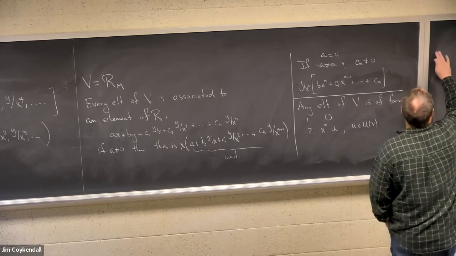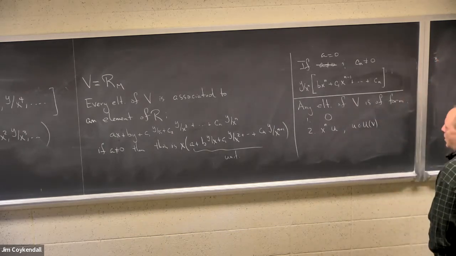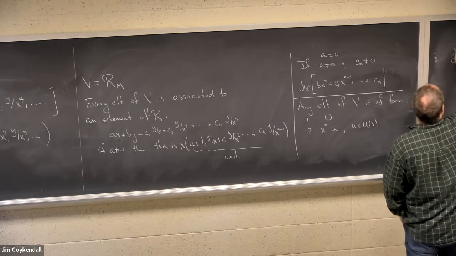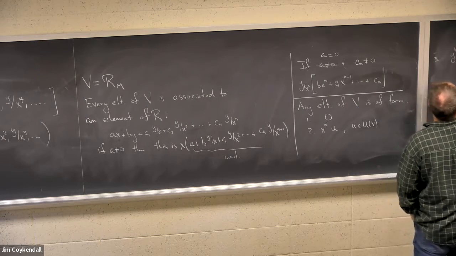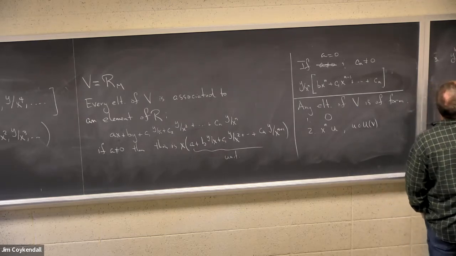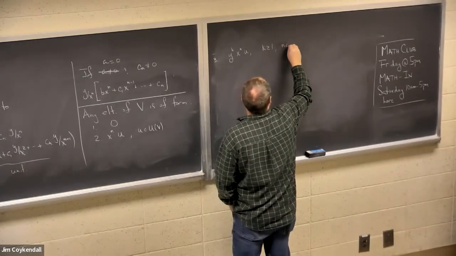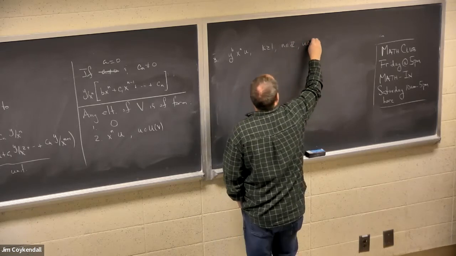I can sort of collapse these, I'm kind of spreading this out. Or it's of the form y to the k x to the n times U, where k is greater than or equal to 1 and n is an integer, and U is a unit.